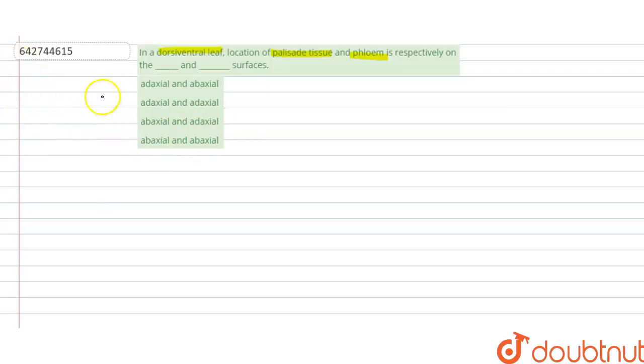So here in the question they are asking about a dorsiventral leaf, right? The condition given is that the leaf is dorsiventral.